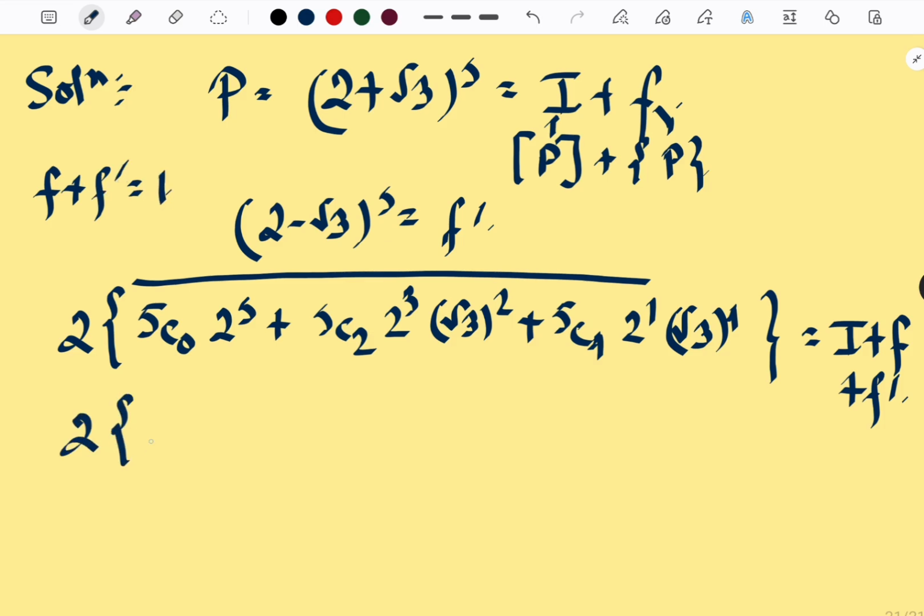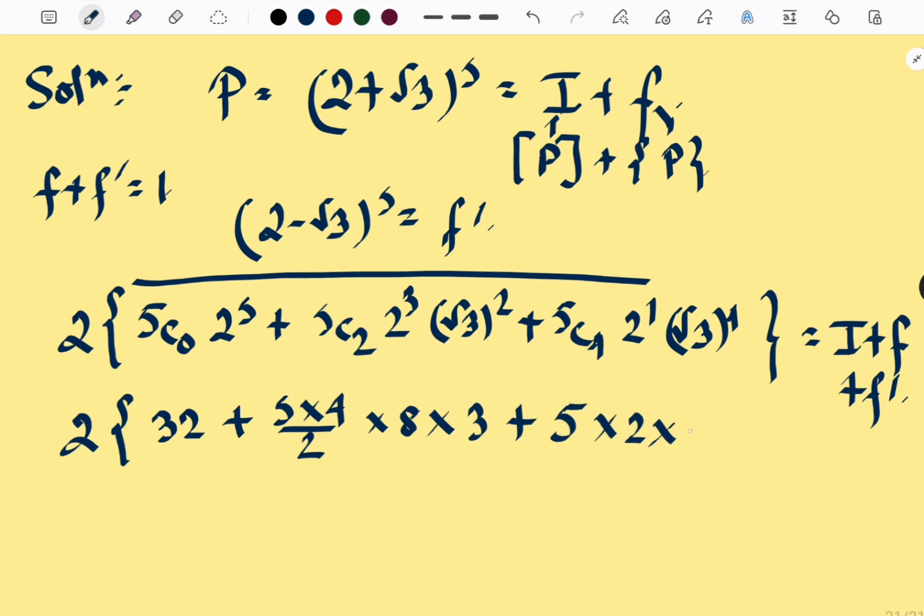Now we expand. 5C0 is 1, so 2 to the power 5 is 32. 5C2 is 5 into 4 divided by 2. 2 cubed is 8. Root 3 squared will be 3. 5C4 is equal to 5C1, which is 5 into 2 times... root 3 to the power 4 can be written as 9, which is equal to I plus 1.